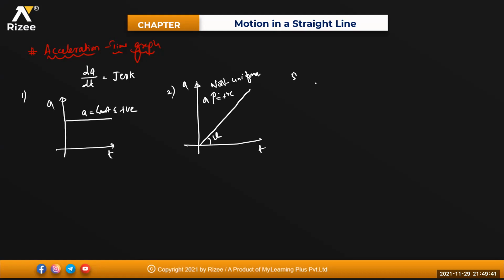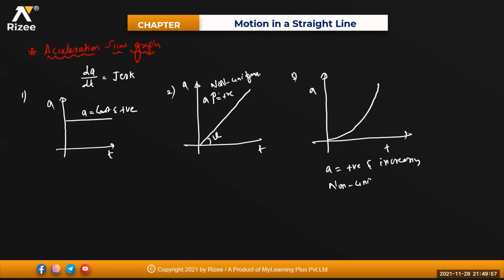Then, third one. If I'm taking the graph like this, acceleration versus time, this is the slope like this. So again, A is right now what? Positive and increasing. So acceleration is increasing, but it is non-uniform. Clear?